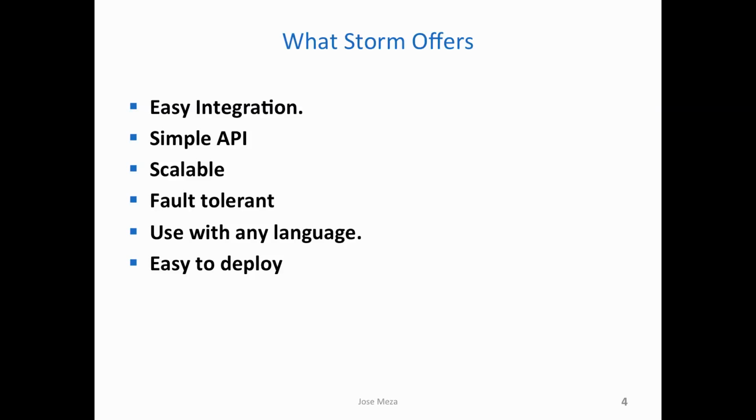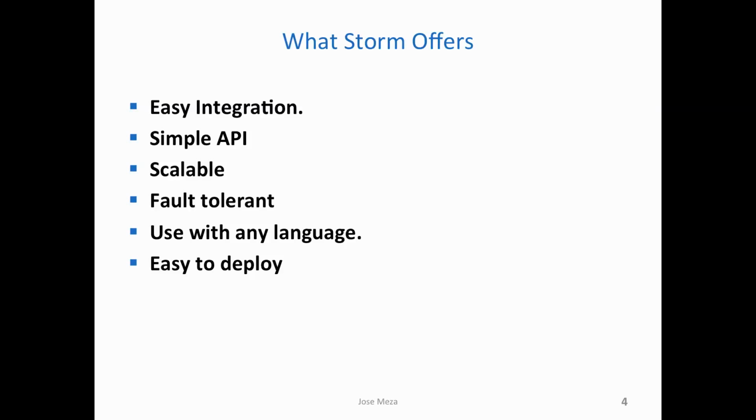What does Storm have to offer? Storm has to offer easy integration. By that, it means that for the source of the streaming data, all you need is a data source, whether it could be a queue, a constant feed of Twitter tweets, or an existing database. The API is very simple to work with, very simple to deploy. As you'll see in the next slide, I'll go into the different components of the API.